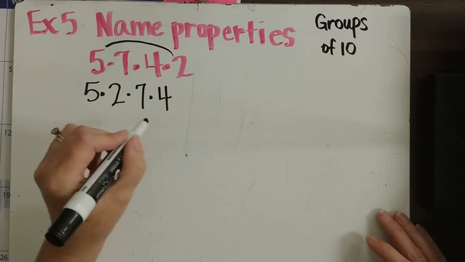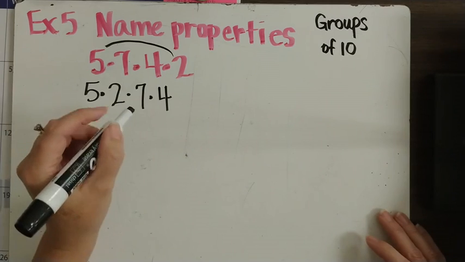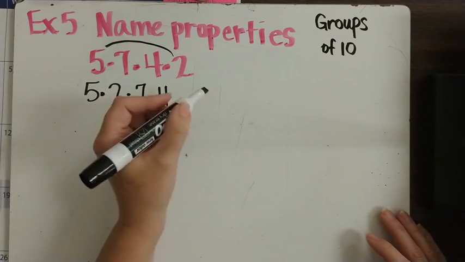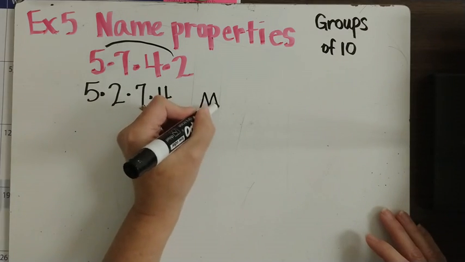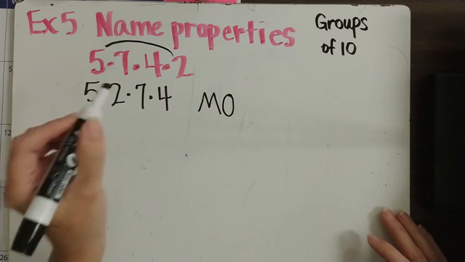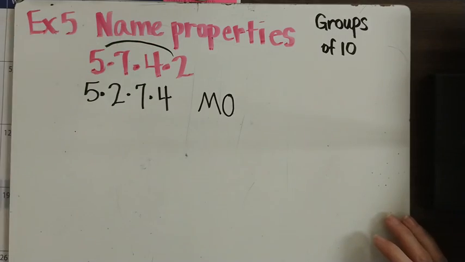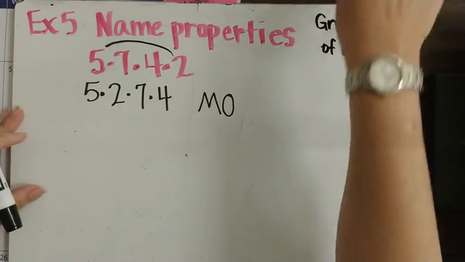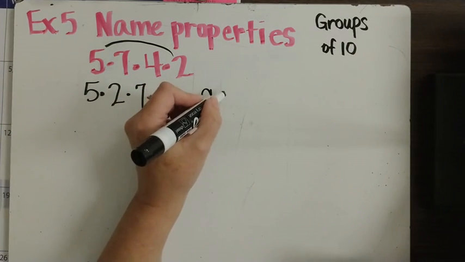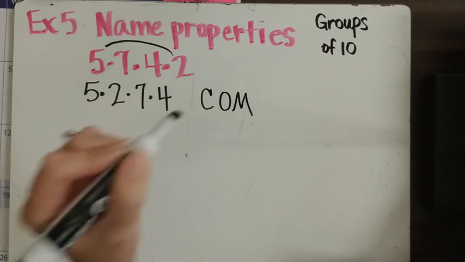Rearranging this order of multiplication, we're going to call this commutative property of multiplication.